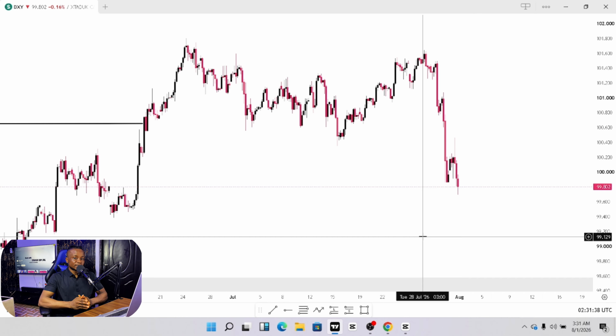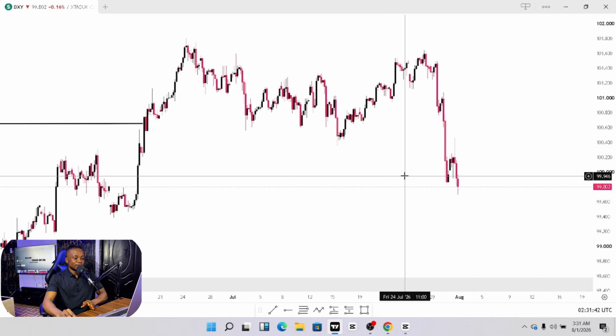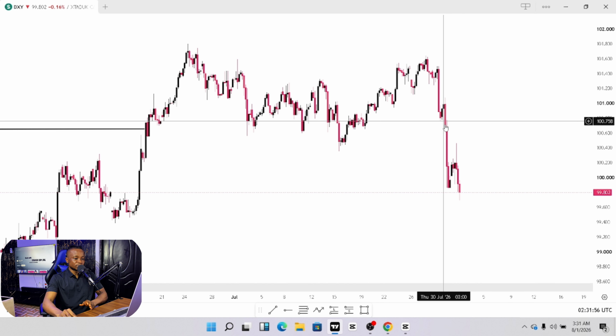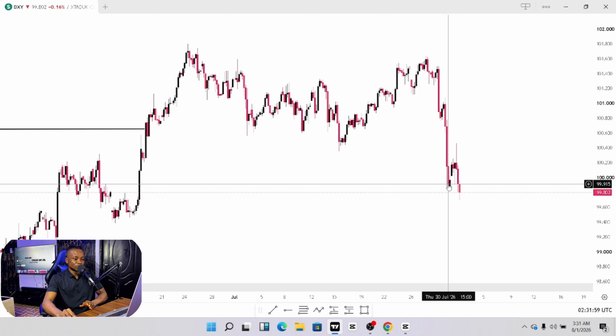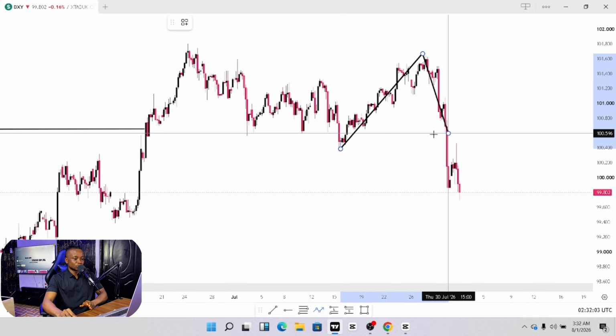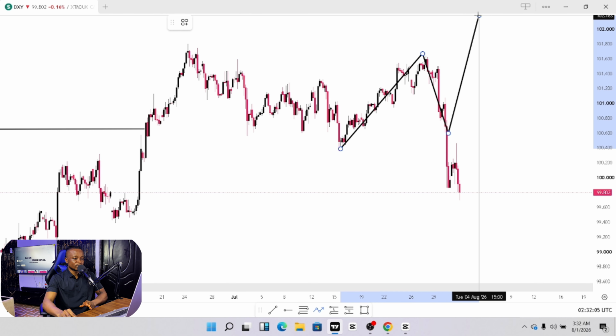To explain this better, I'll have to bring you guys to the DXY chart. As at the time we placed the GBP USD sell, DXY was trading somewhere at this level. But towards the end of last week, we got this big sell-off on DXY, because our anticipation was that DXY would come to some sort of demand zone here, then continue buying.